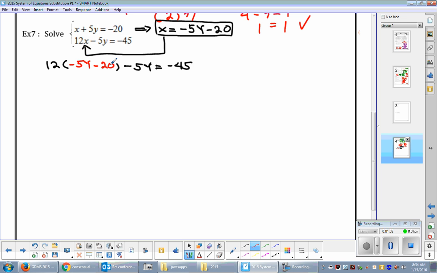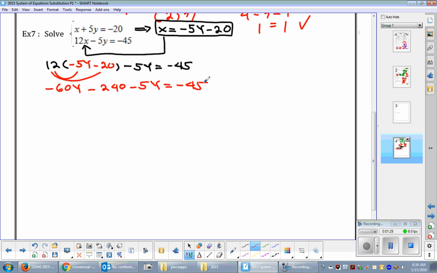So we will just solve the value of y here. First, we distribute 12 to negative 5y. We will have negative 60y. Then 12 times negative 20 will be negative 240 minus 5y equals negative 45.